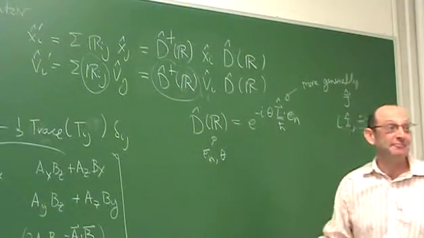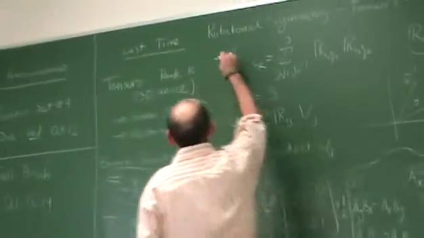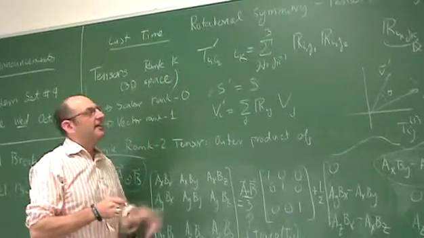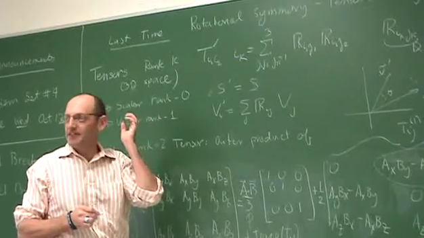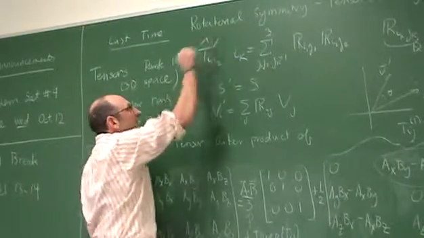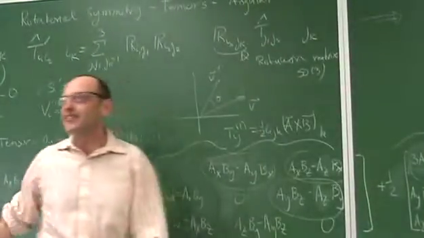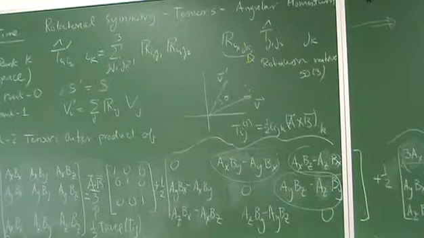Be careful. Okay? And so a tensor operator is an operator which has 3 to the k components, and each of those components transforms like this. If we have an operator that does that, then we say that it is the components of a tensor operator.